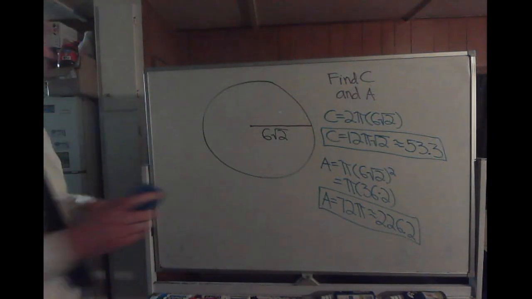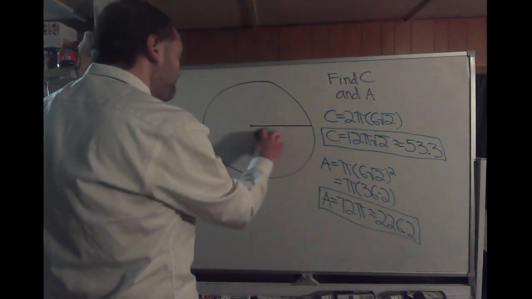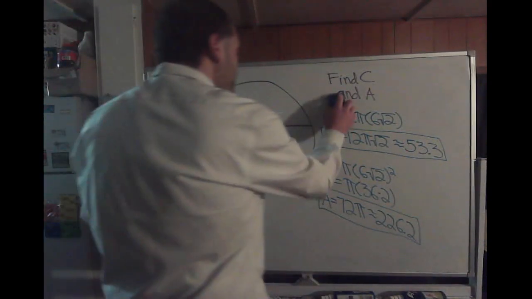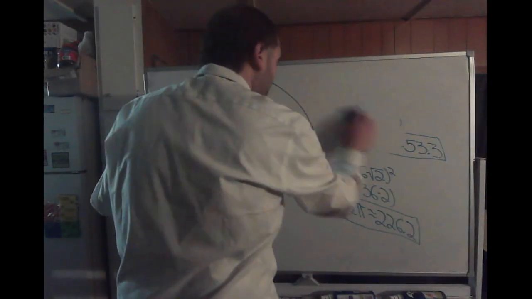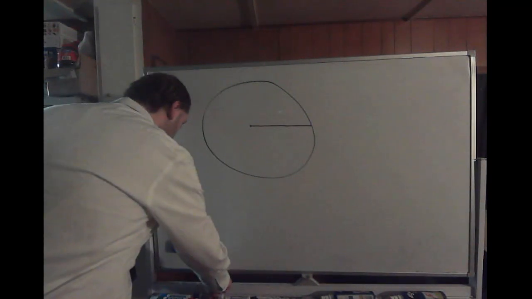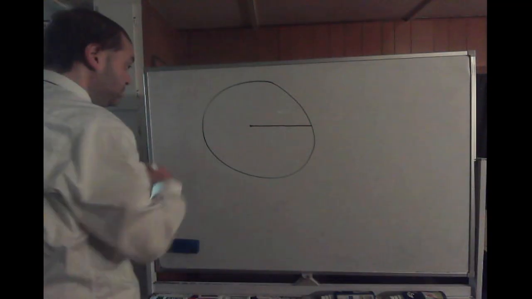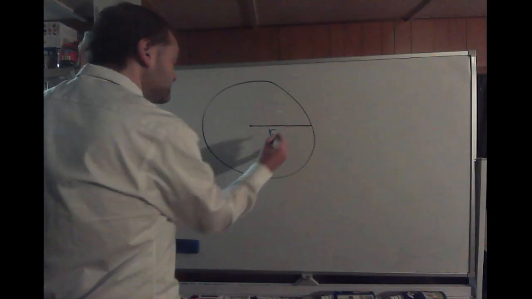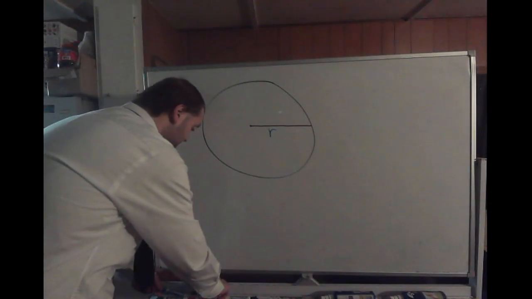Alright, this time for sure it changes what they give us. This time, we don't know the radius. We do not know the radius. That's one of the things we need to find.